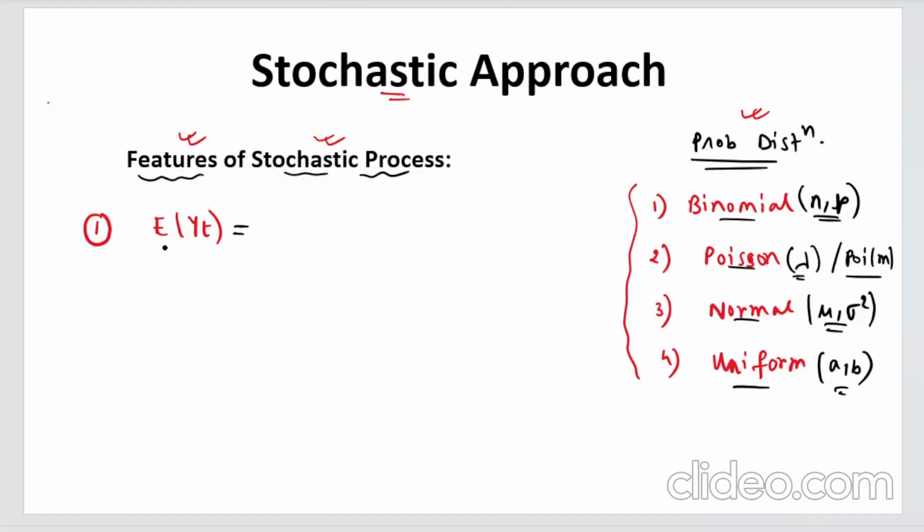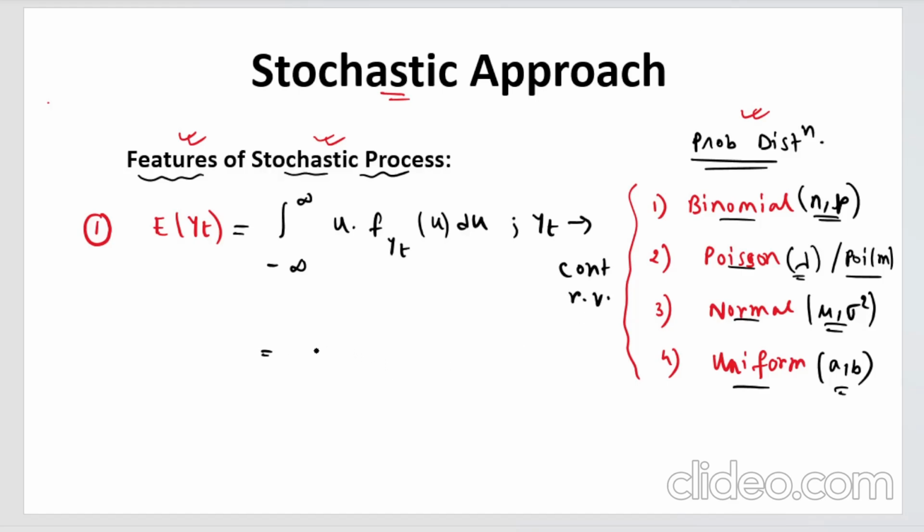What is this expected value? If yt is continuous in nature, you can define this expectation as this. I'm sure you have seen this formula before, but still I will write u du, right? And when will this be applicable? When yt is a continuous random variable.